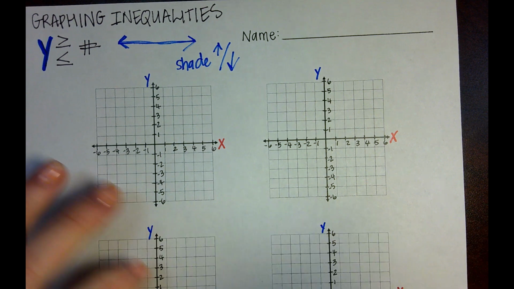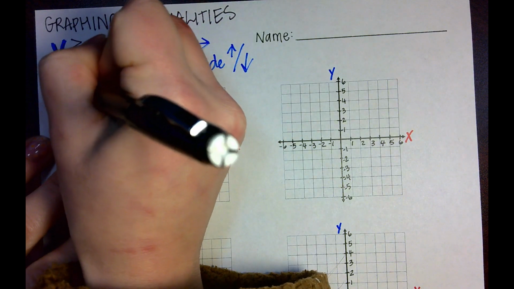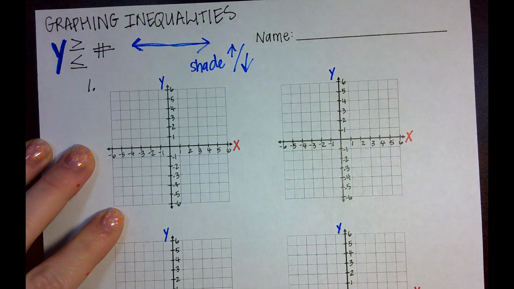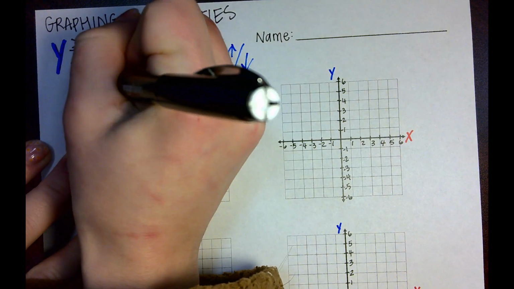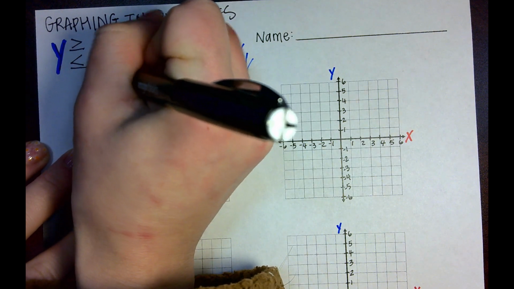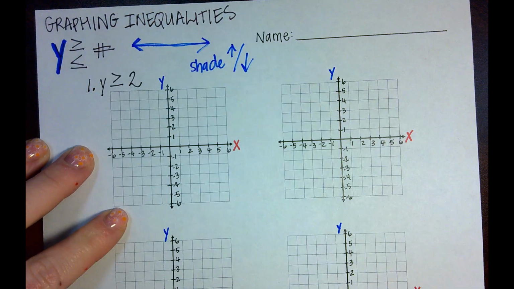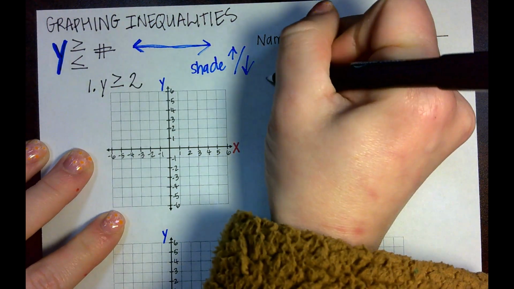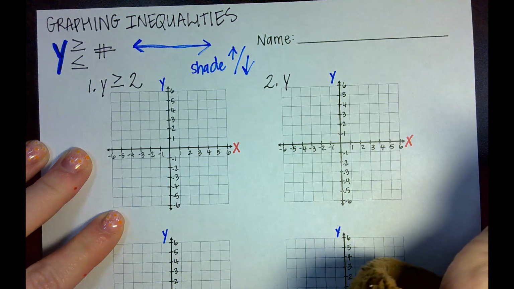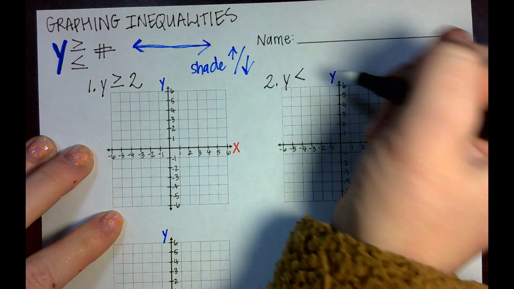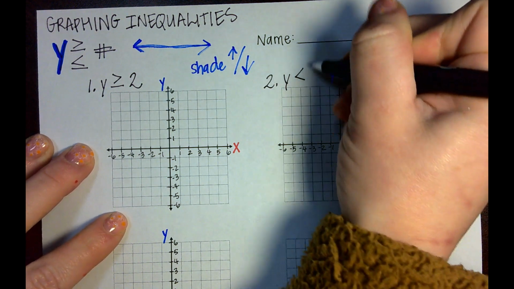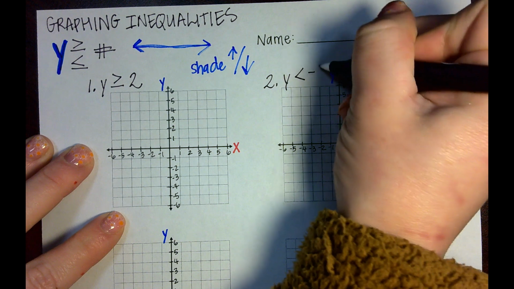And I'm just going to write out a few random ones. So this one here, we'll do y is greater than or equal to 2. Y is less than -3.